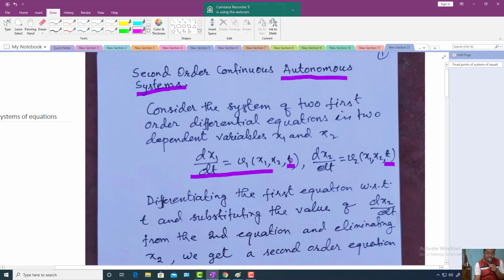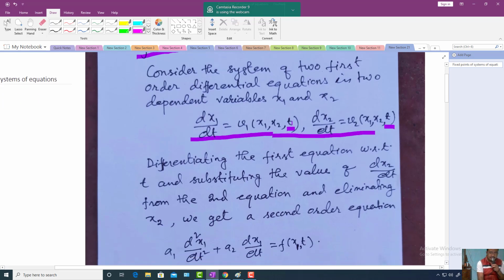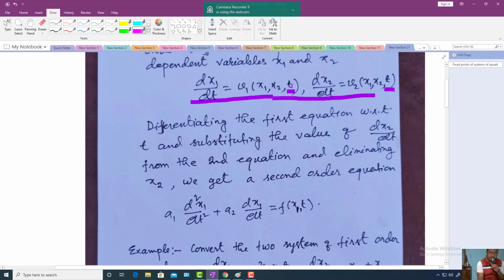Such things happen when a natural phenomenon is modeled by a differential equation. For example, in the prey predator model, there are more than one variable. Therefore a second order differential equation or a system of two first order differential equations is frequently used in mathematical modeling or in continuous dynamical systems.